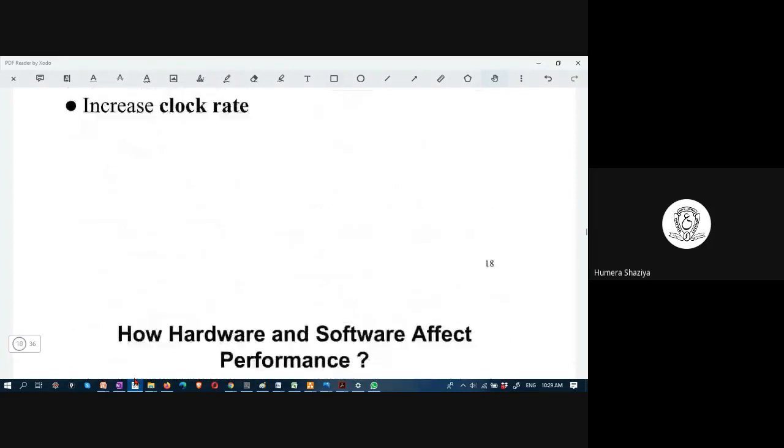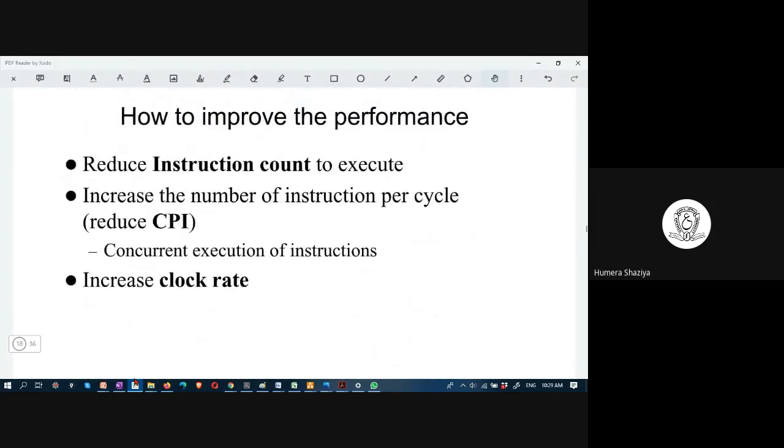How to improve the performance? In order to improve the performance, the instruction count could be reduced. If there are 10 instructions to execute and it takes 10 seconds, when the count of these instructions is reduced from 10 to 5, the total time to execute would be reduced from 10 seconds to 5 seconds.